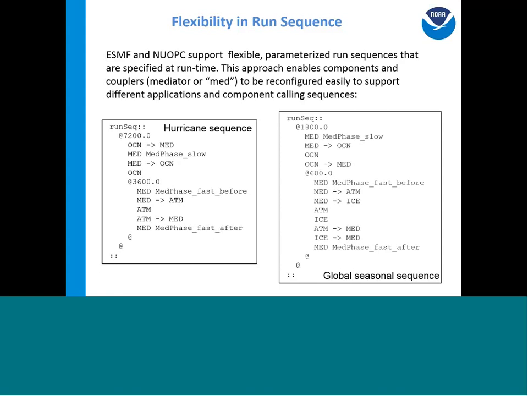And the sequences are different. The components are called in different order, although both have a slow and a fast phase. And having the flexibility to be able to reorganize the sequences is very nice to have, and that can be important for the coupled system, or for a unified system.